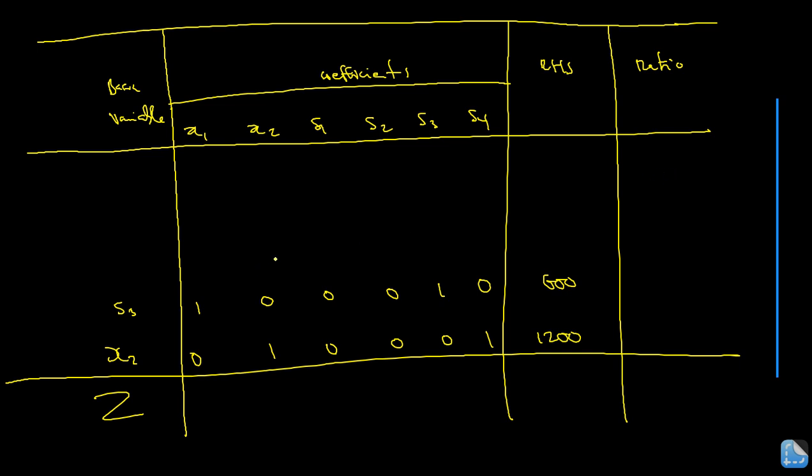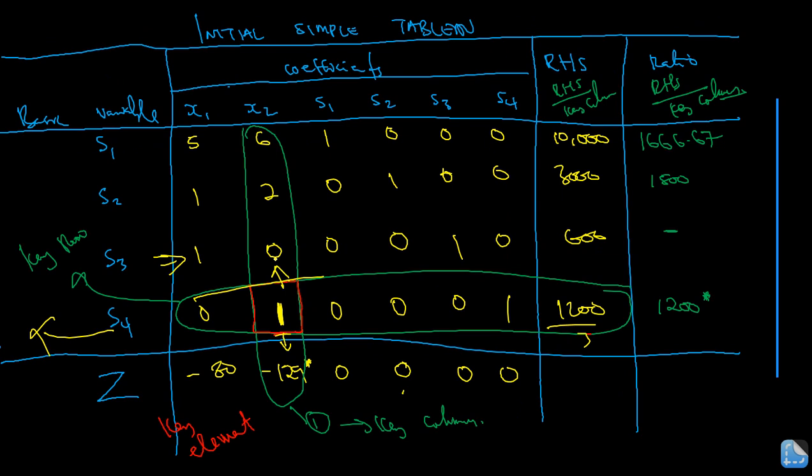Now once you have done this, what is the next step? The next step now is make sure let's label these as row 1, row 2, row 3, row 4, and row 5. It will make your life easy, as you will notice just now. Now once we have done that, what is the next step?